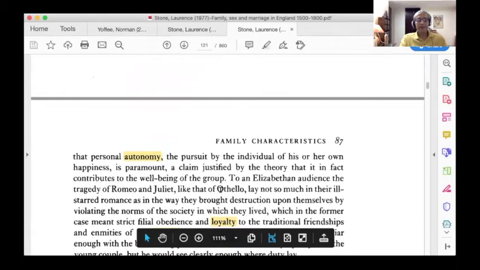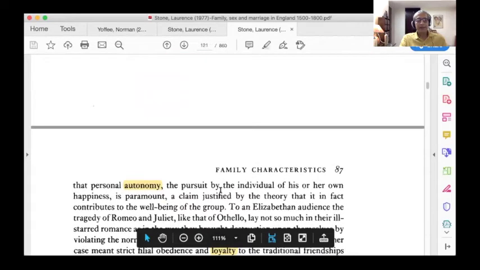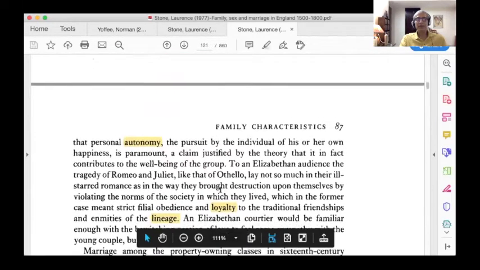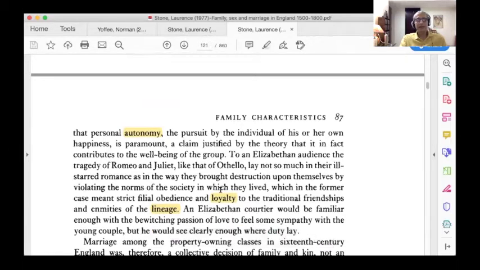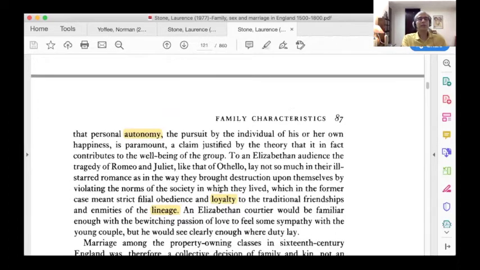And the third is that personal autonomy, the pursuit by the individual of his or her own happiness, is paramount, a claim justified by the theory that it in fact contributes to the well-being of the group. So these are modern conceptions, and these conceptions simply didn't exist in England at that time.